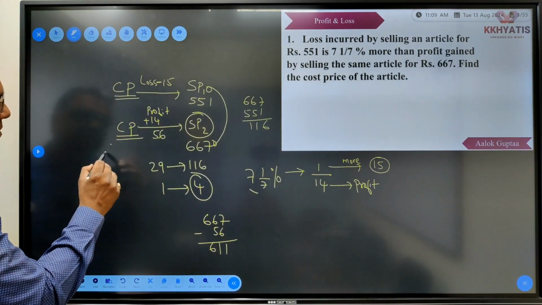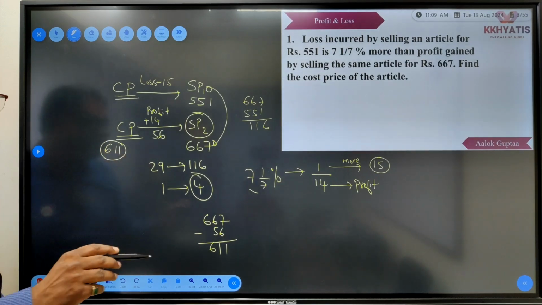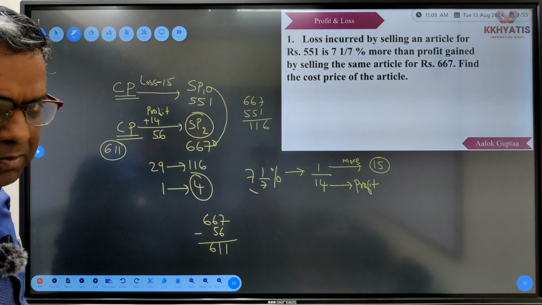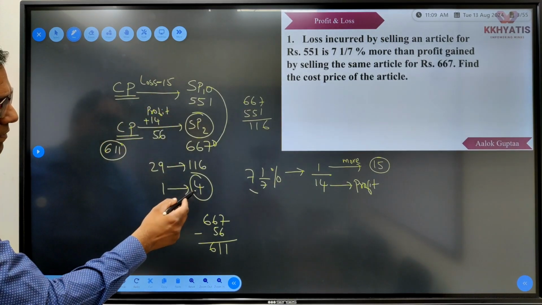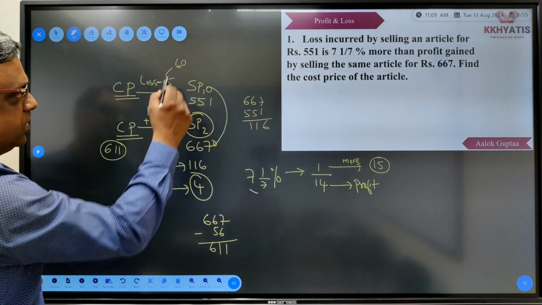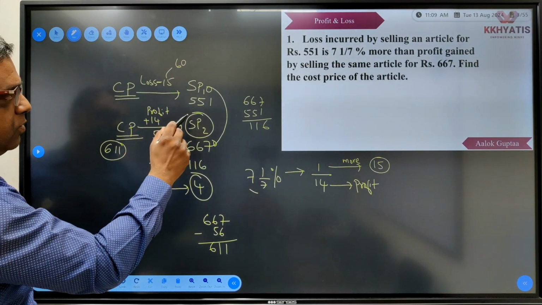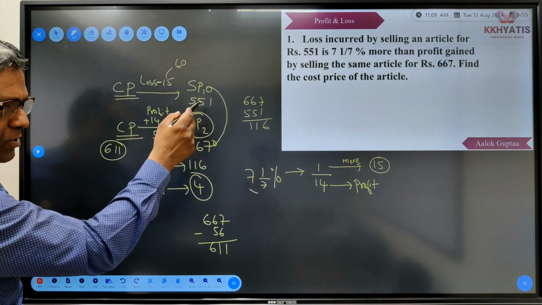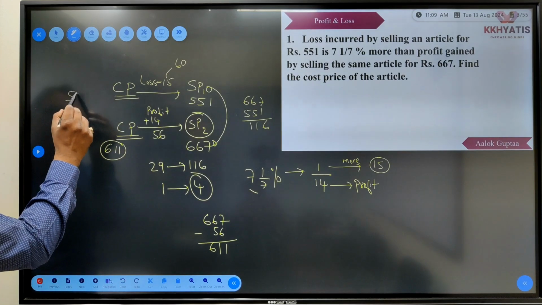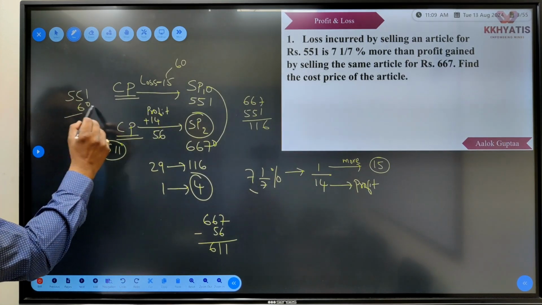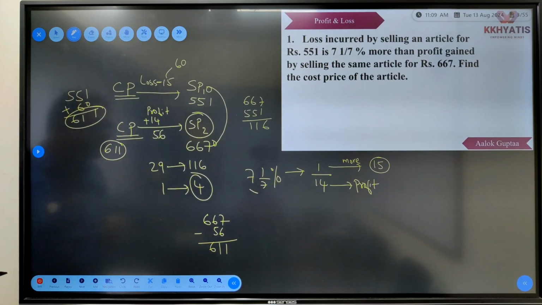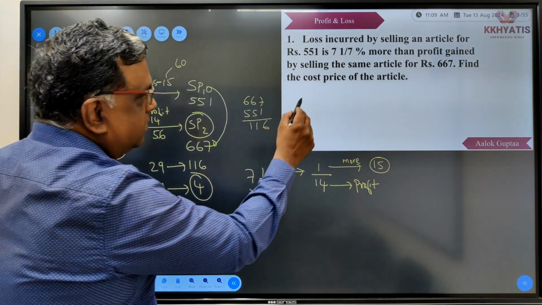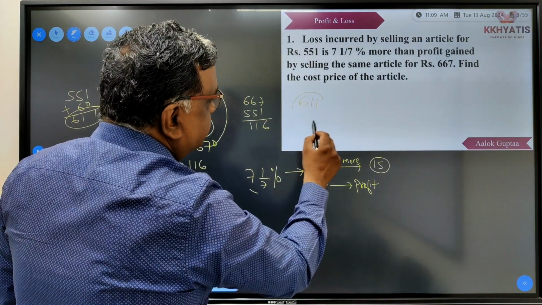So my CP is 611 rupees. I could have found my CP from the scenario above also, but in this case what would I have done? The loss is 15. 1 की वैल्यू 4 है तो 15 की वैल्यू 60 होगी. But in this case, I will add the loss to SP because my CP will be greater in this scenario. So 551 plus 60. So यहाँ भी 611 आएगा. So the answer is 611.